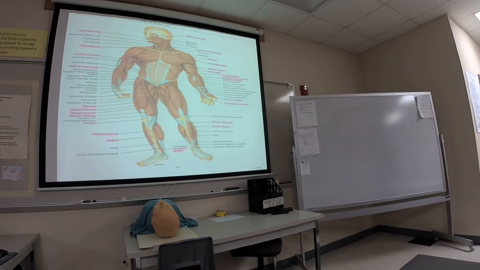Anybody taking Anatomy Physiology? Who knows if they're going to make you memorize the muscles? It's healthy, but it's unhealthy because you won't remember it when you need it. There's a lot of muscles. I had memorized all of them in Anatomy Physiology 1, and I memorized most of them long enough to pass my test, and then boom, just like algebra, it goes away.